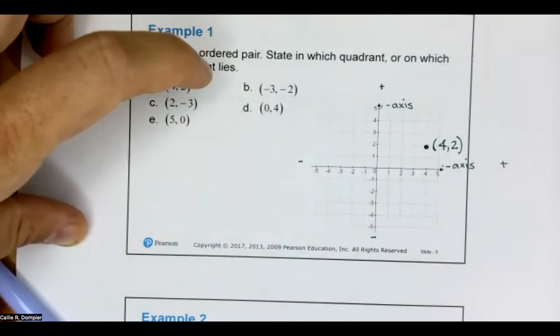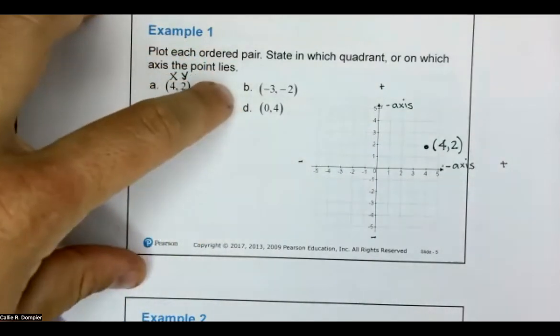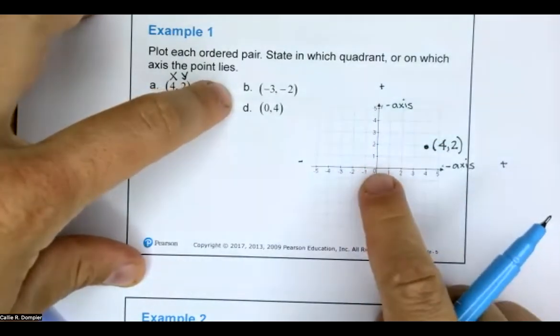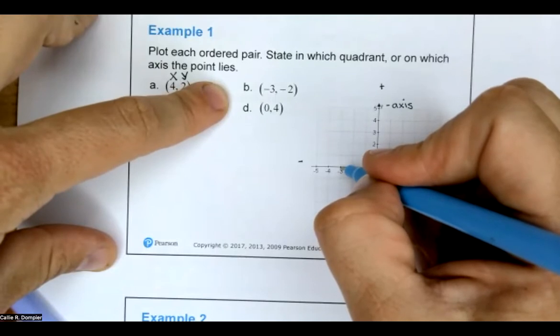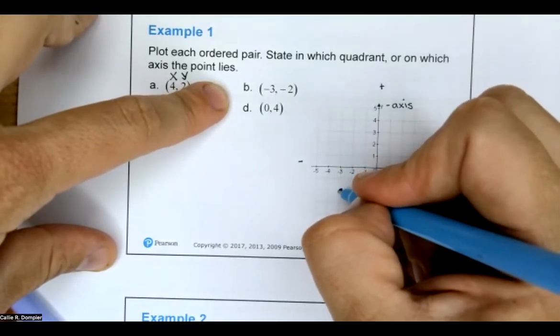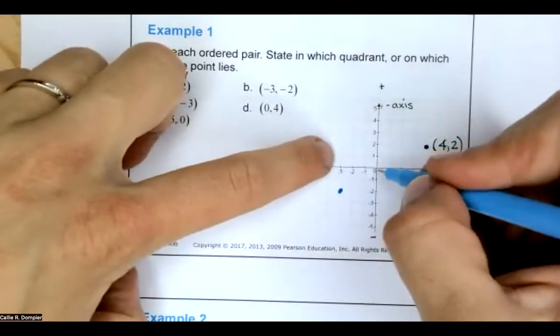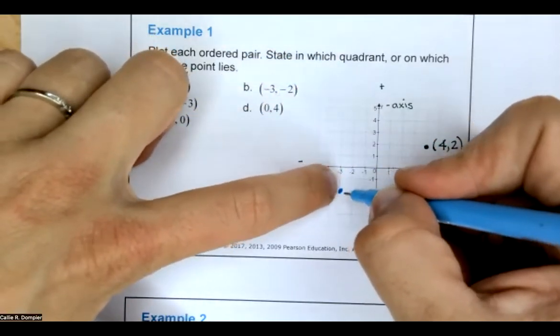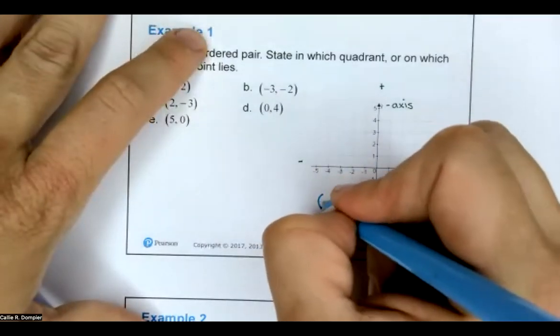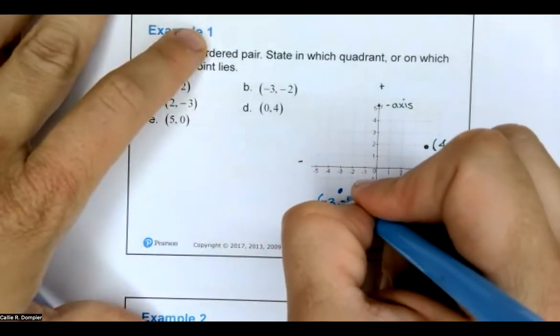Letter B is (-3, -2). So starting always from the origin, I'm going to go -3 on the x-axis, -2 on the y-axis, and where they join. So to the left 3, down 2, and where those two join together, that's (-3, -2).